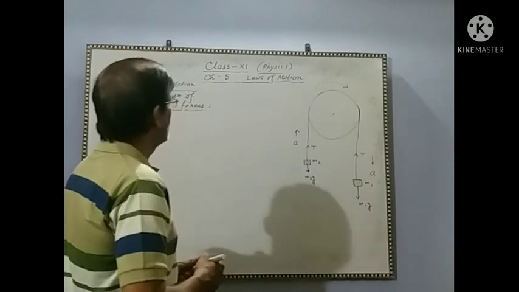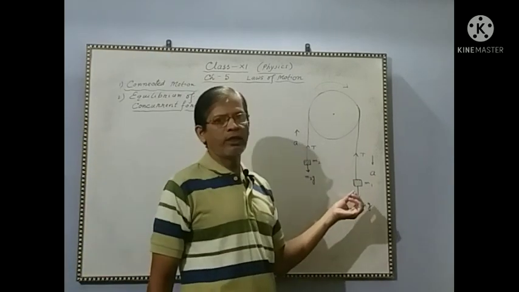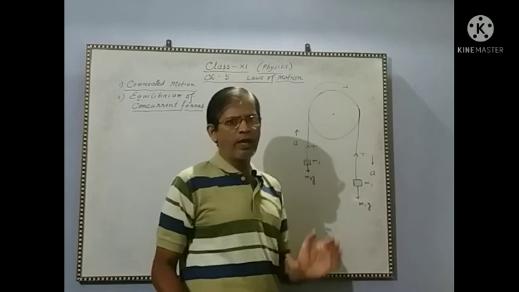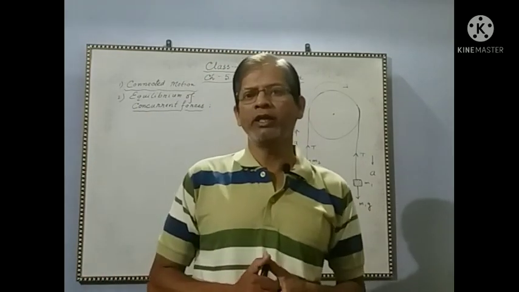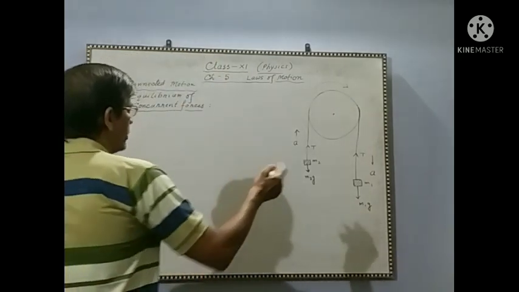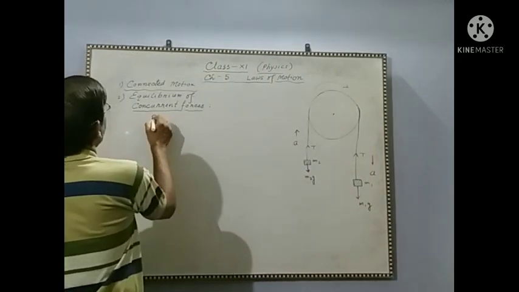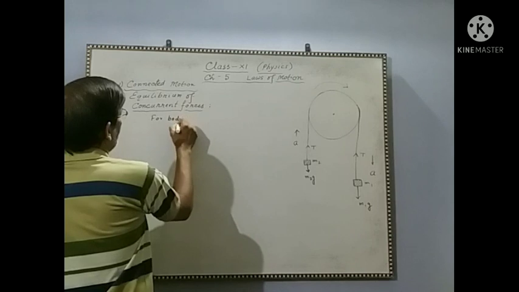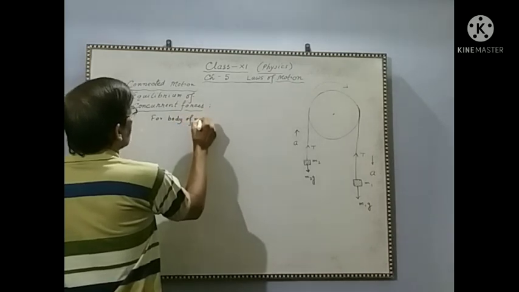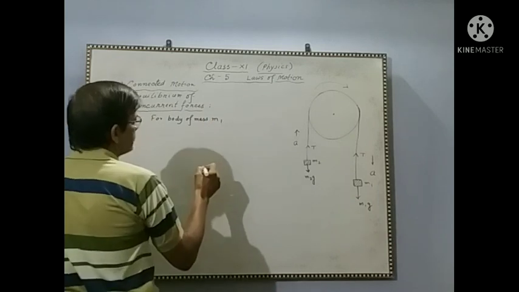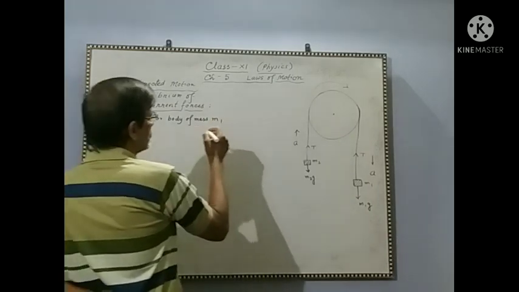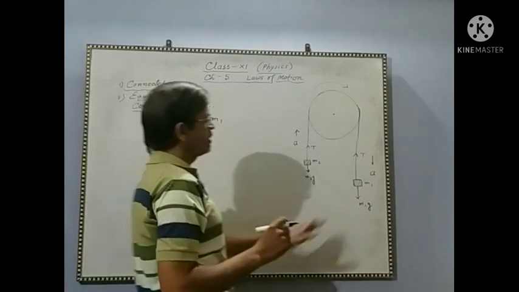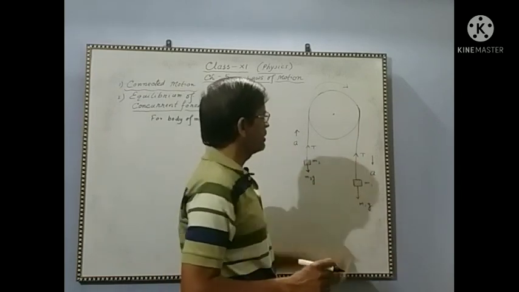Okay. So first we have to find the force on this body, the net force, and the force on this body. By calculating this, we will find A and T. So for the body of mass M1, this is moving downward, so this is greater, this is lesser.